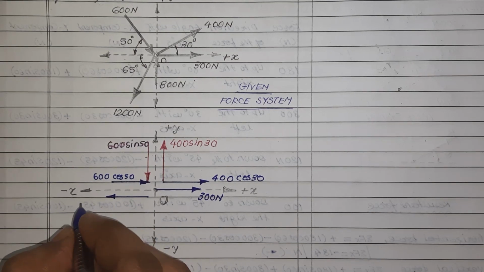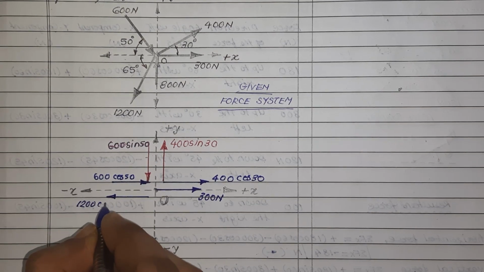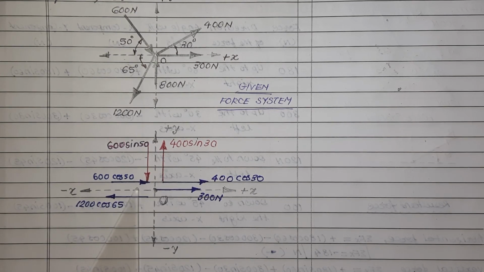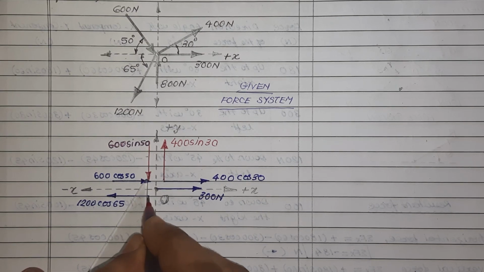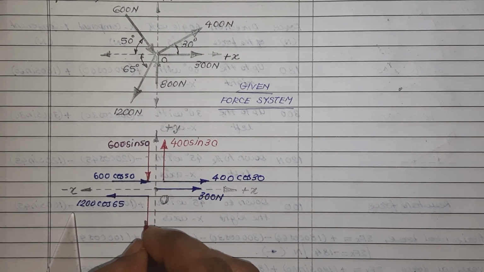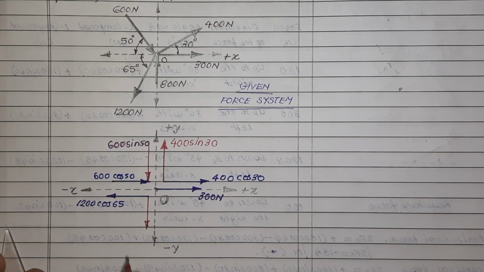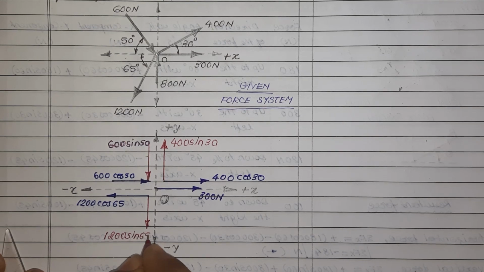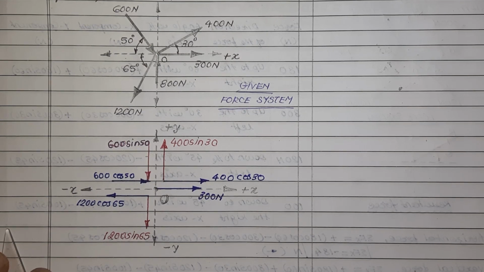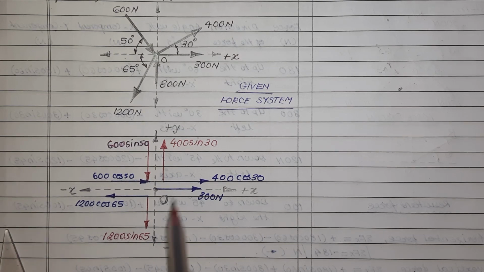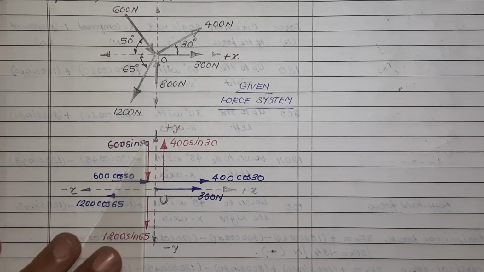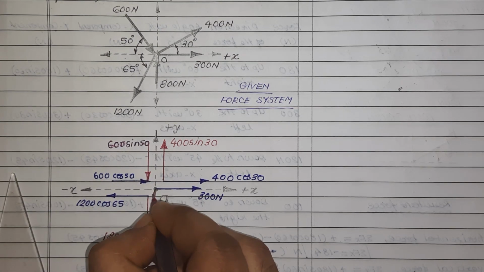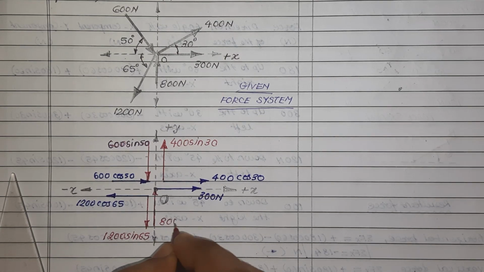So this is 1200 cos 65 which is leftward and this is the downward y component which will be 1200 sin 65. Okay, thereafter we have 800 Newton force which is going upward like this. So this is 800 Newton force.